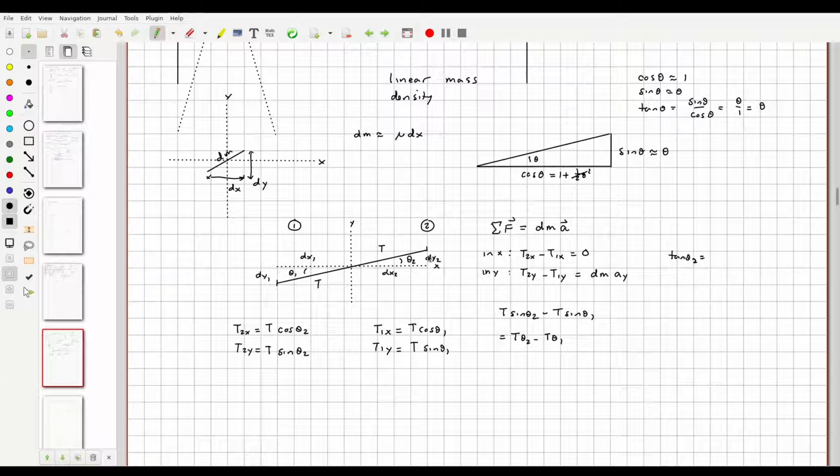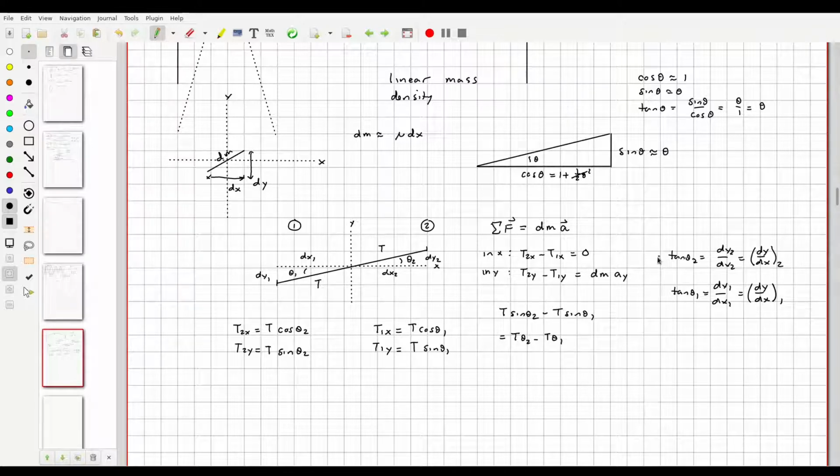For theta 2, the opposite side would be dy2 over dx2. I'm going to call this dy dx in region 2. Tangent of theta 1, which is the same thing as theta 1, would be dy1 over dx1, or dy dx in region 1.